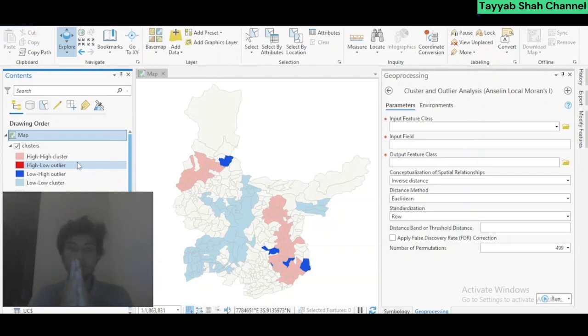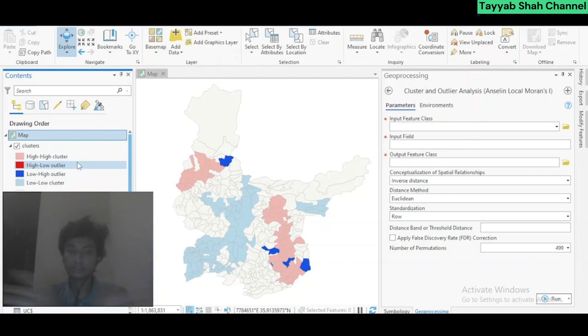A high-low outlier means that high values are surrounded by low values. For example, with crime rates, an area has an increased crime rate, but the areas surrounding it have a low crime rate. Similarly in this study, a union council has a high value but the surrounding union councils have low values.